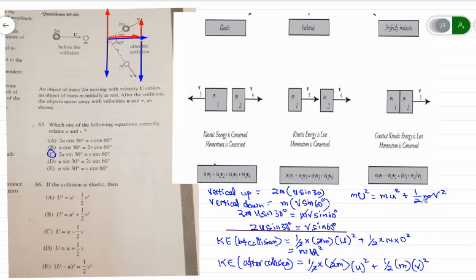Cancel out the common factor m on both sides. What remains is U squared equals u squared plus half v squared, which is this. Okay, so that's it.